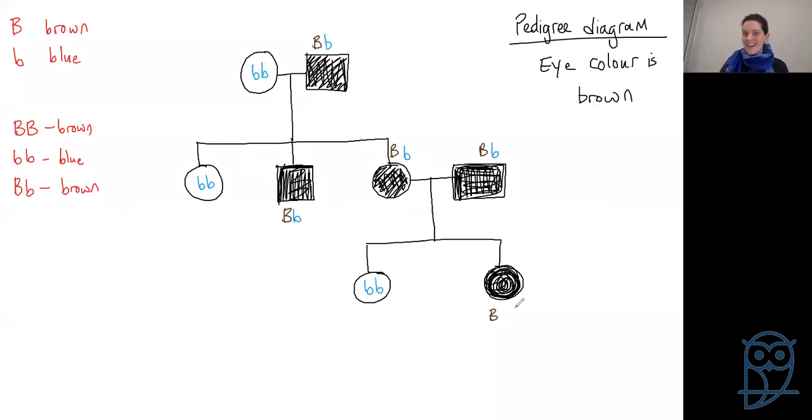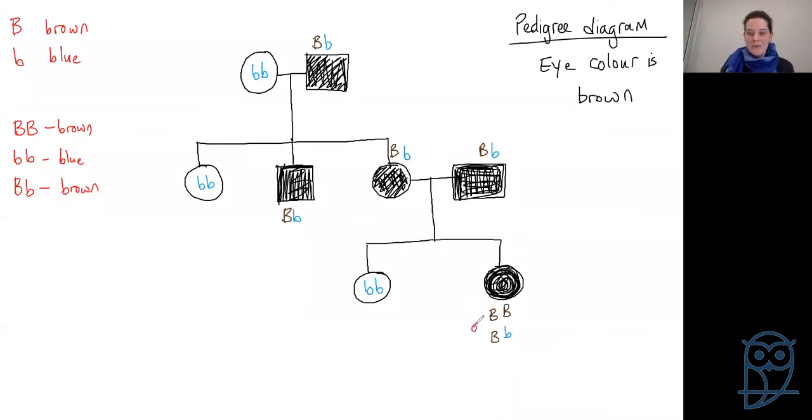This child down here at the bottom is a little bit more interesting, because this capital B could have come from either parent. So it could be capital B from one parent and capital B from the other parent, which would give us brown eyes. Or it could be capital B from one parent and little b from the other parent.